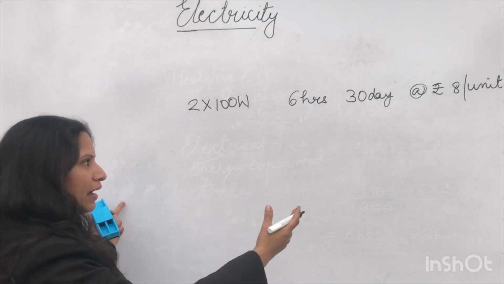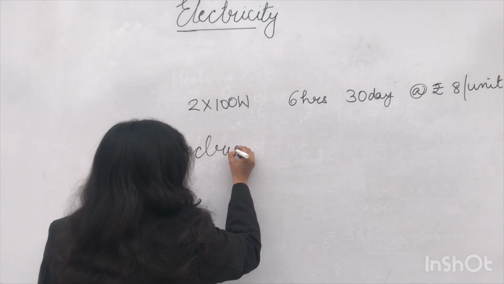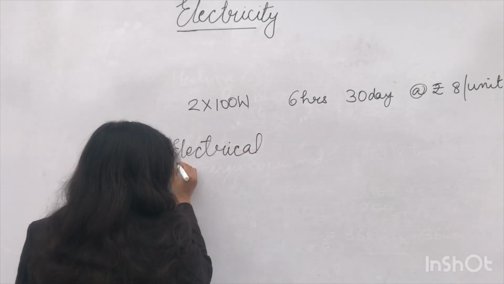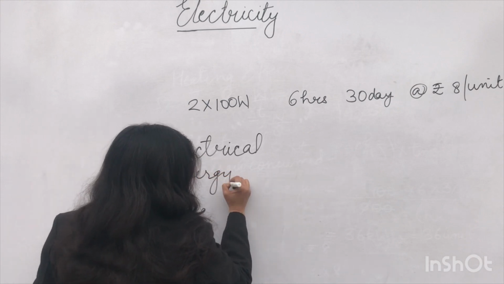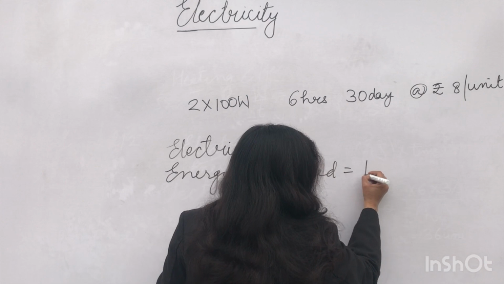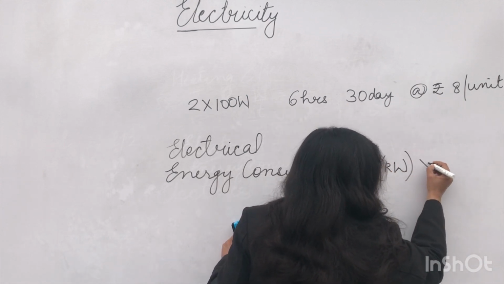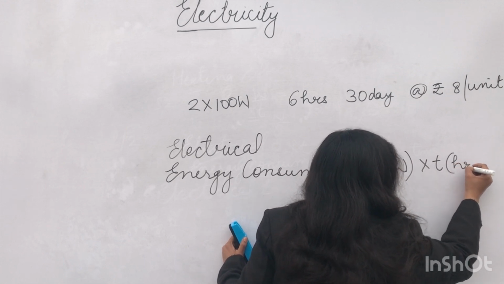When we have to calculate the electricity bill, first we'll calculate the electrical energy consumed. So write electrical energy consumed is equal to power, that should be in kilowatt, multiplied by time, that should be in hours.